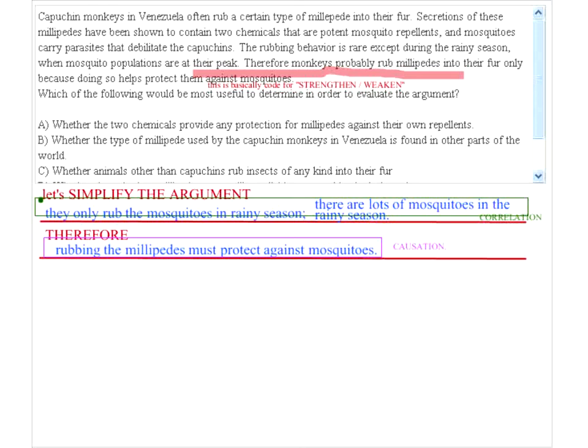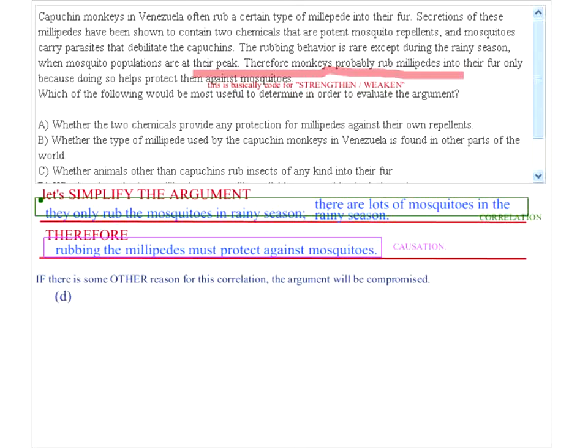All right. Basically the argument says because they rub the millipedes. So if there is some other reason for this correlation, the argument will be compromised. So let's take a look at how D and E affect that.